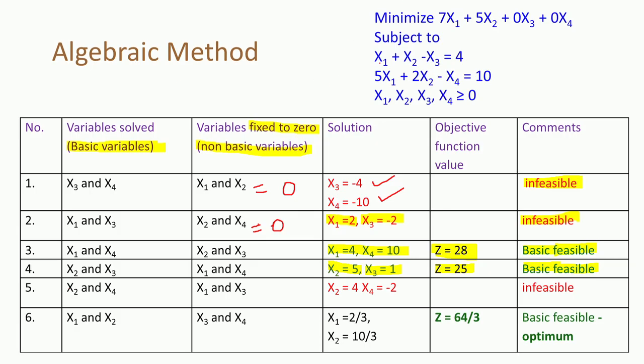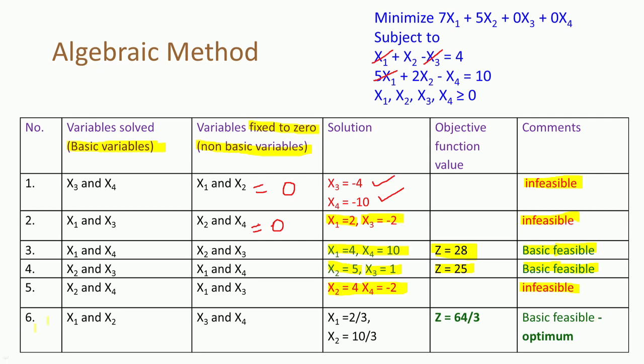So, the first equation gives me x2 equal to 4, which is shown here, and when I substitute x2 equal to 4, 8 minus x4 is equal to 10, which gives me x4 is equal to minus 2. Now, when x4 is equal to minus 2, it violates the non-negativity restriction and therefore, this solution is not feasible. So, it becomes infeasible and this is written as infeasible.